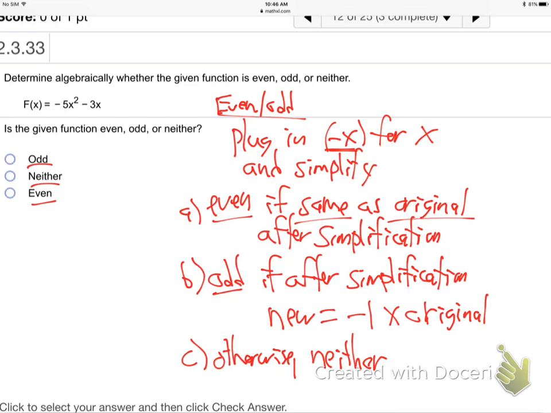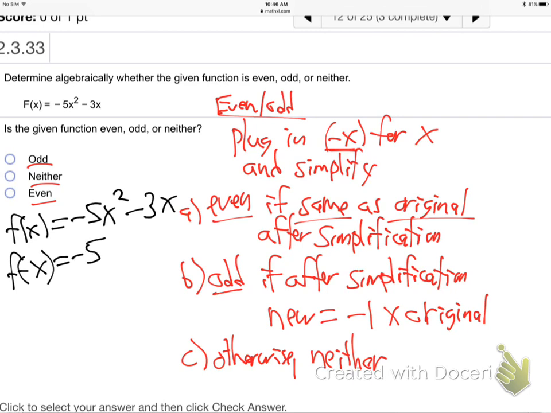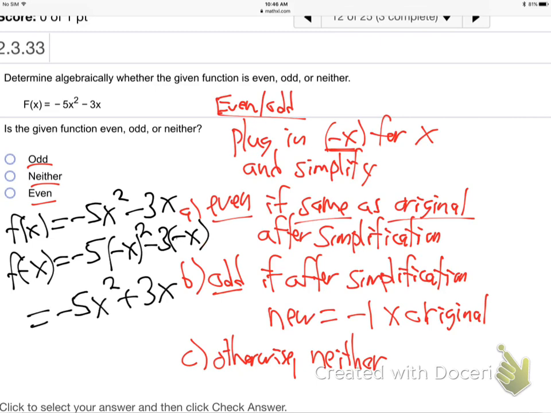All right, so let's give it a try with our last 2 minutes here. If you have f of x equals -5x squared minus 3x, what I'm saying is just plug in negative x. Good so far. Then I simplified.